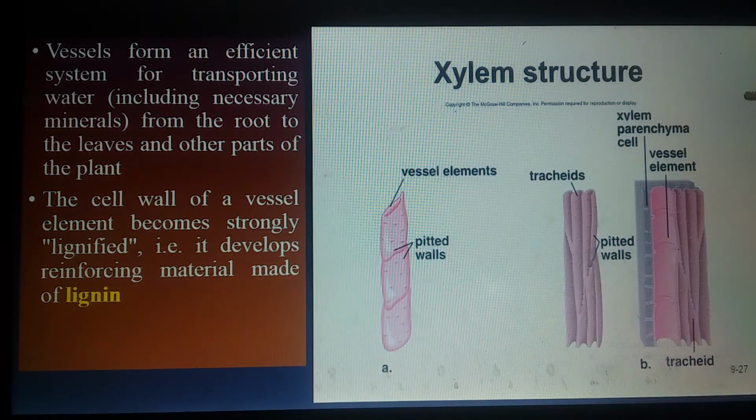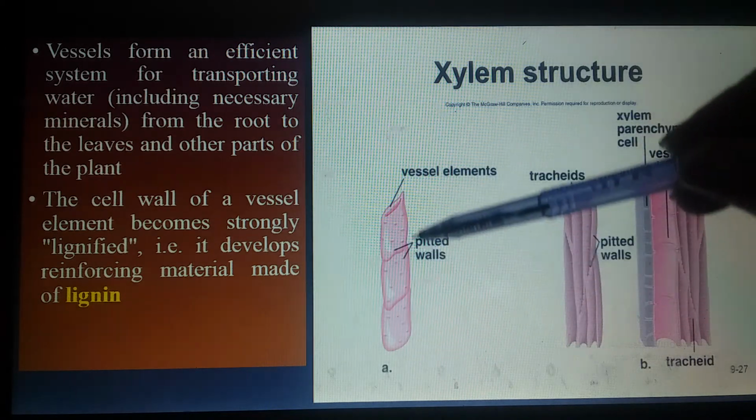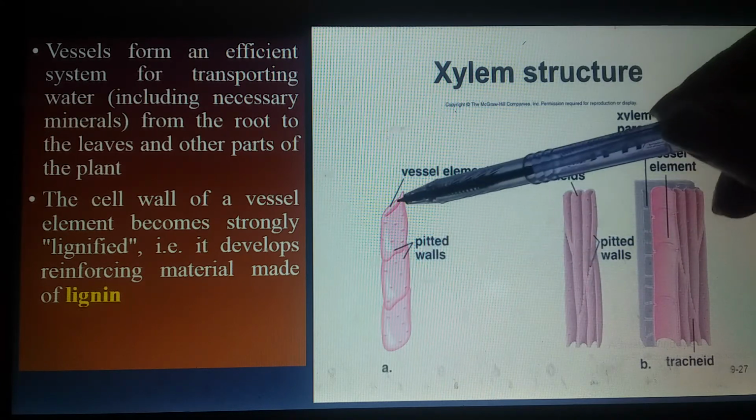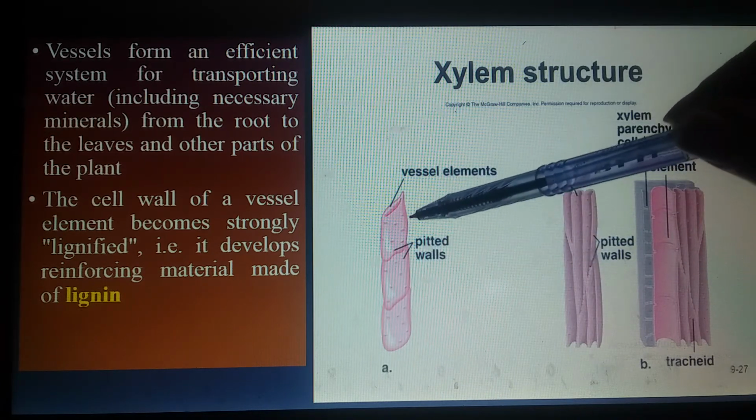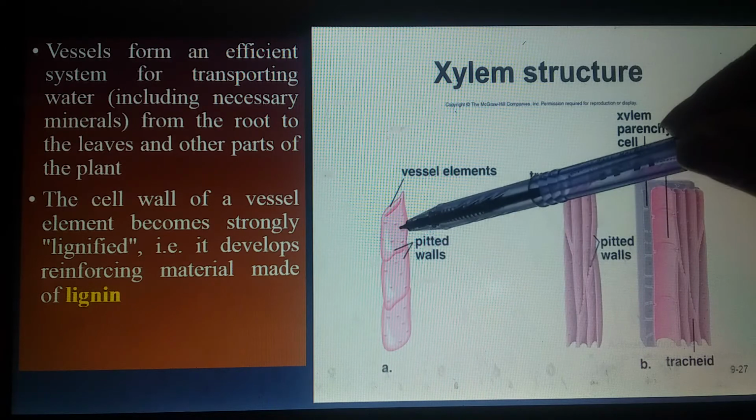Now, vessel elements, like tracheids, are part of the xylem, the most important cells of the xylem. So they help in the very efficient transport of water. You can see in the diagram, this is the vessel element. These vessel elements have a lignified cell wall.